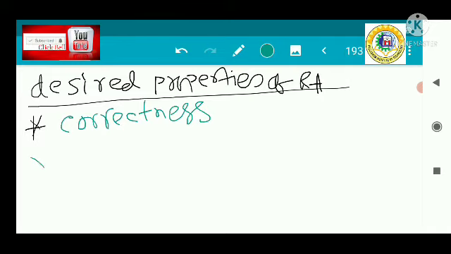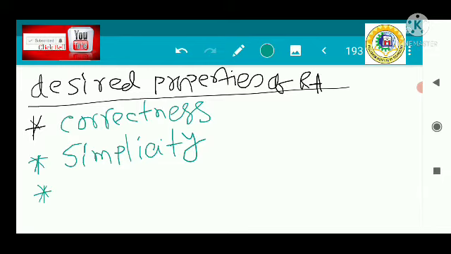The second point is simplicity. These are characteristics a routing algorithm must possess so that it can be called a routing algorithm.